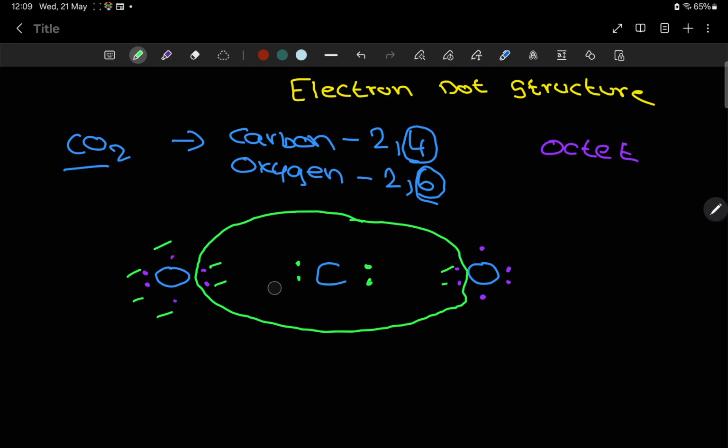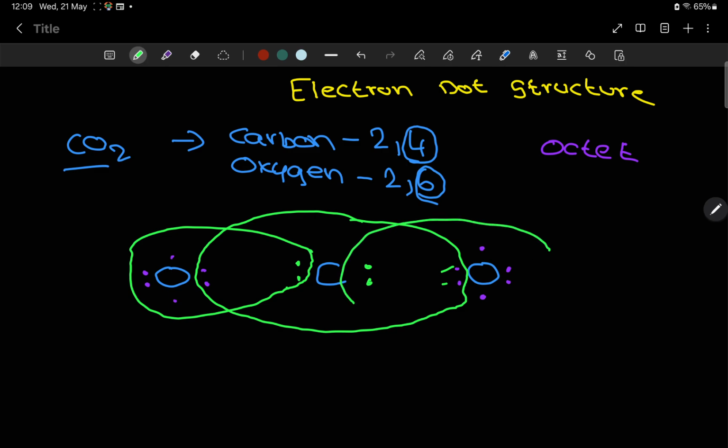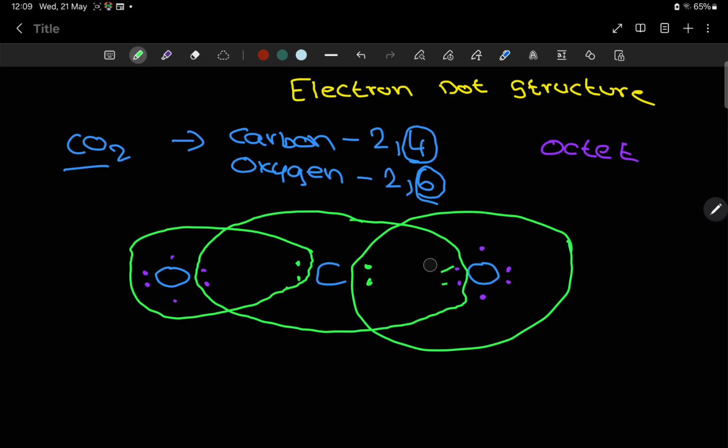Yes, it got its 8 valence electrons. Let me show you how it shares. It shares like this, and this one also shares like this. So both the elements attain their octet configuration.